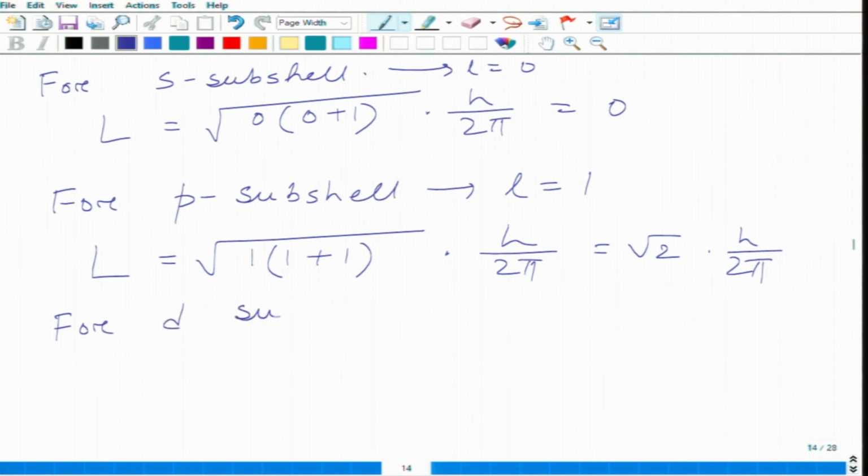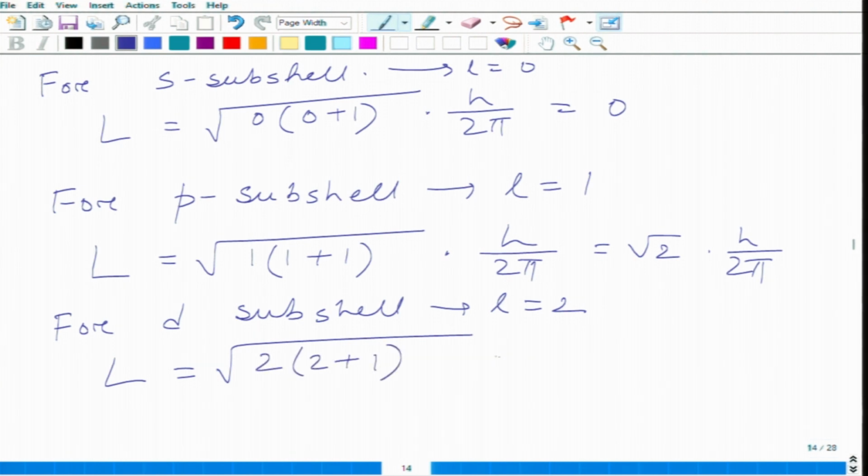For d subshell, L is equal to 2. So capital L will be 2 into 2 plus 1 into h by 2 pi. So we get 2 into 3, that is root 6 into h by 2 pi.